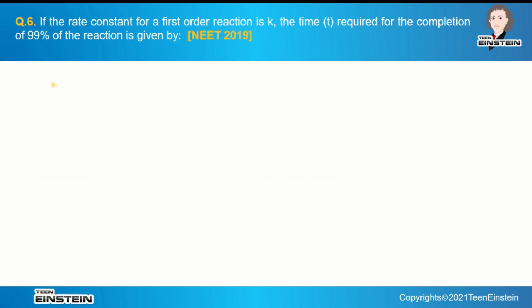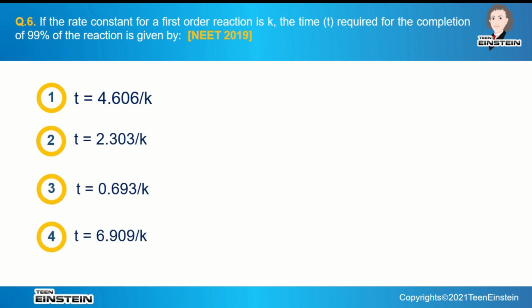So let's move on to the sixth question. If the rate constant for a first order reaction is K, the time T required for the completion of 99% of the reaction is given by. We very well know the first order rate constant is K = 2.303/T log of A/(A−X).